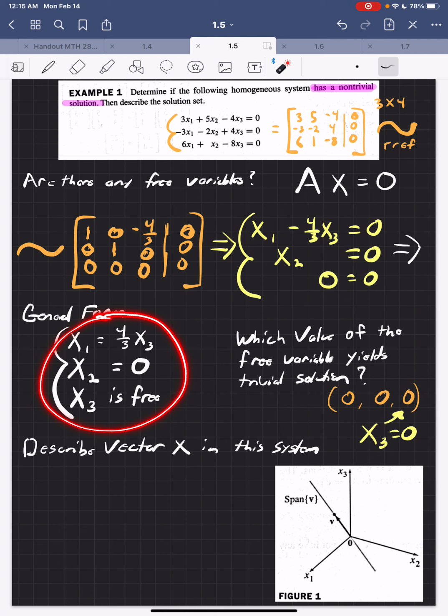So when you start to think about the vector x in this system, the way you want to think about it is that x sub 3, the free variable, is a scalar that's attached to some vector.